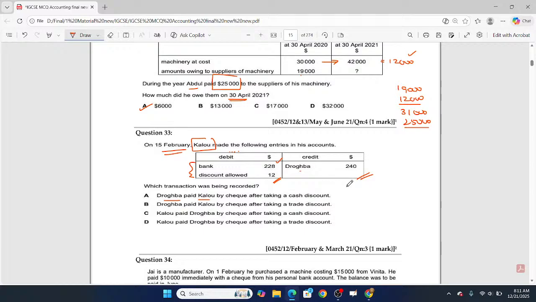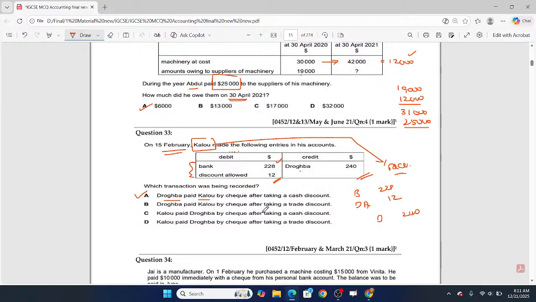Money is received from D: bank, discount allowed, and D account. So in the books of K, it is received. So D paid K by check after taking a cash discount. Of course, this seems to be the correct one. So 240 is the original amount payable, 228 is paid after a discount of 12. So A is the correct one.